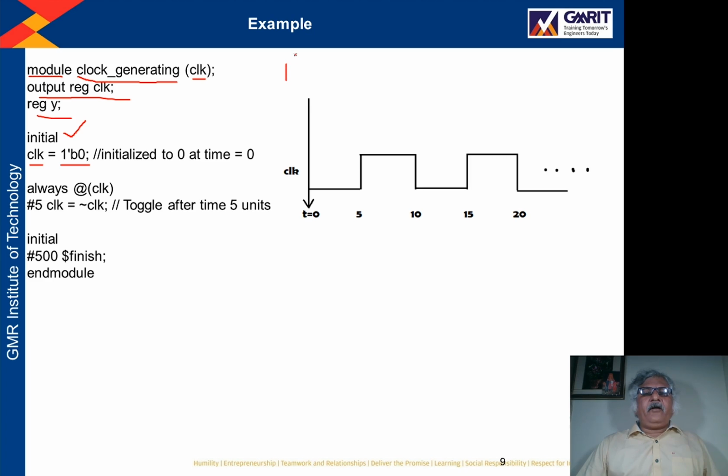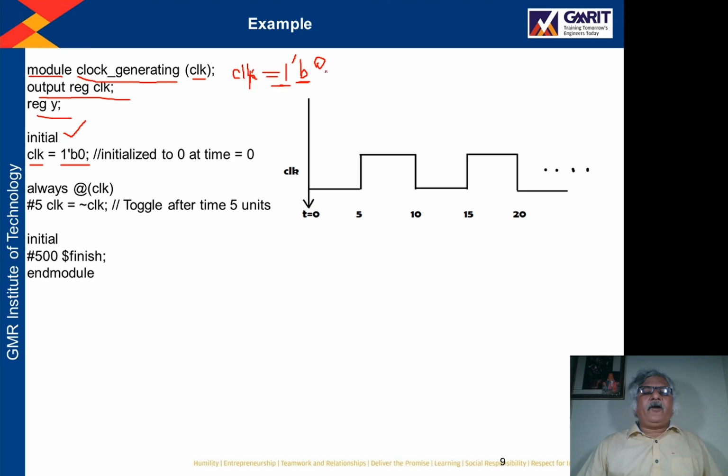The meaning of 1'b is that we are talking about a bit type value, and there is only one bit. After the b we have written 0. This means the value of that bit is 0, and we are assigning it to clock.